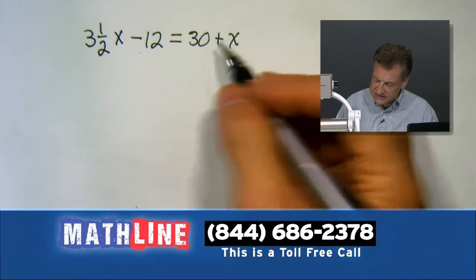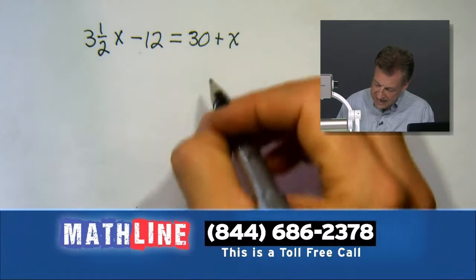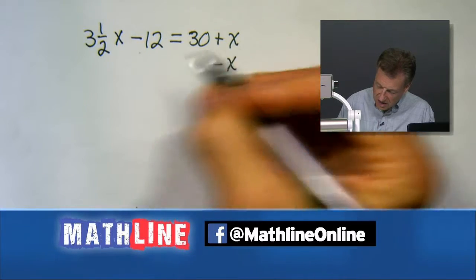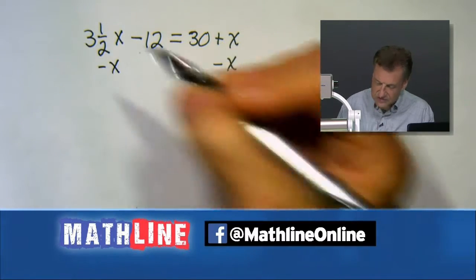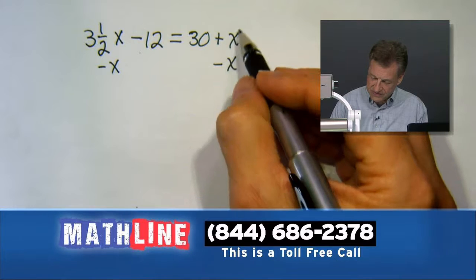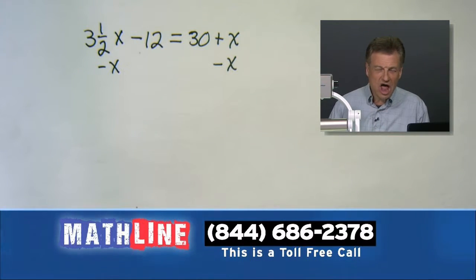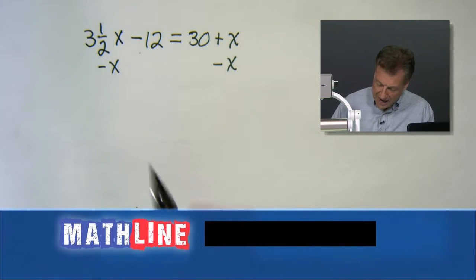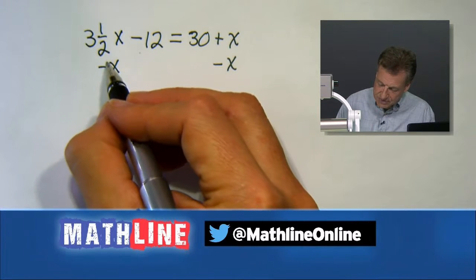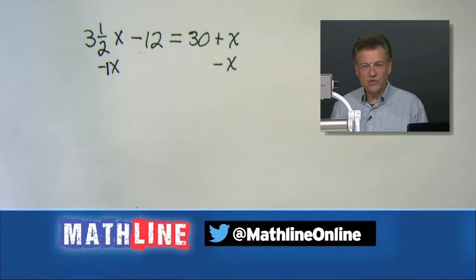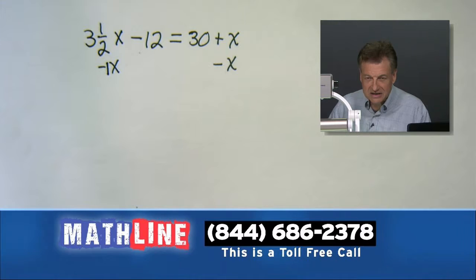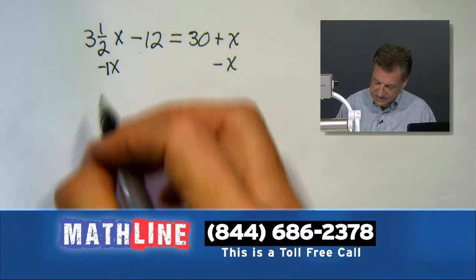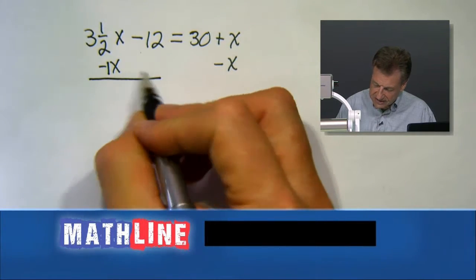All right, so let's play this thing out. First thing I'm going to do is take the x off the other side. We're going to let this go away. It just makes the problem look a lot easier. What's happening here is I'm subtracting 1x from 3.5x, and in doing so I'm seeing 2.5x.